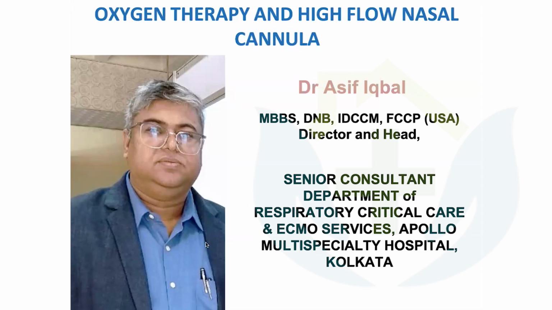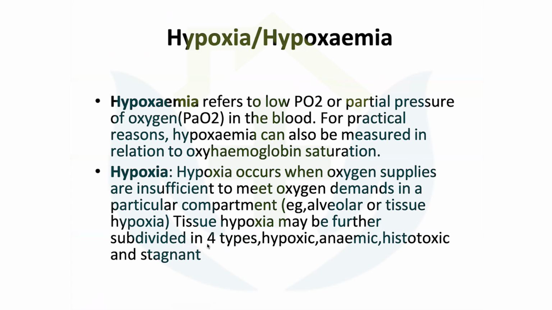Before going to oxygen therapy in detail, you have to know what is hypoxia and what is hypoxemia, because this is a very famous question for the examiner to ask the student.